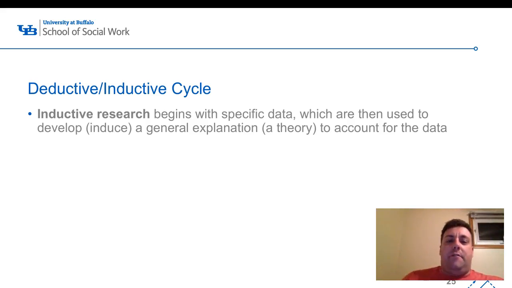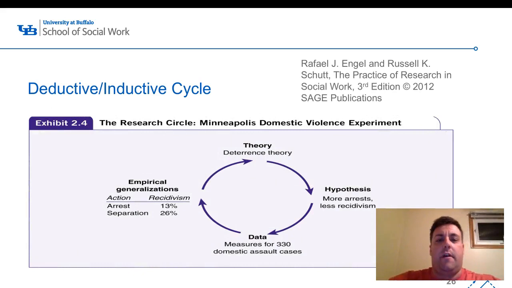Typically in inductive research, we begin with data and then we develop a theory that sort of explains that data. The counterweight to that is deductive research, which is simply the opposite. In deductive research, we start with a theory and we look for data that we can use to test that theory.